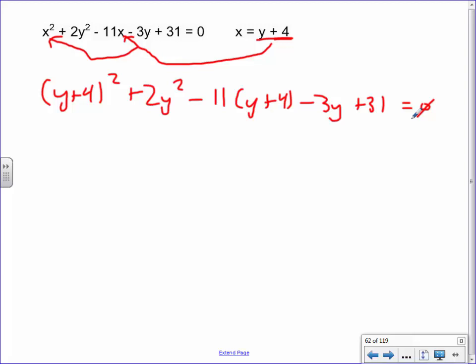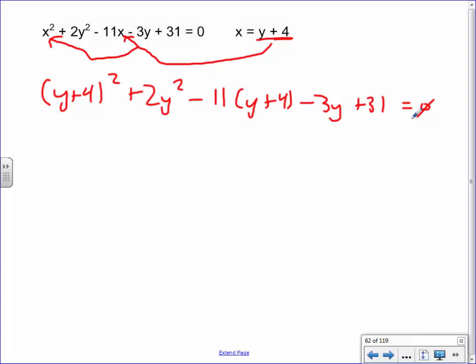Quadratic. I know it's not a very nice quadratic, but can you guys agree that there's going to be y squareds in this? Okay. So think a little further down the road. How do you eventually solve a quadratic? What do you need? Equal to 0. Hey, it's already equal to 0. Sweet. But this is not useful to us right now, right?